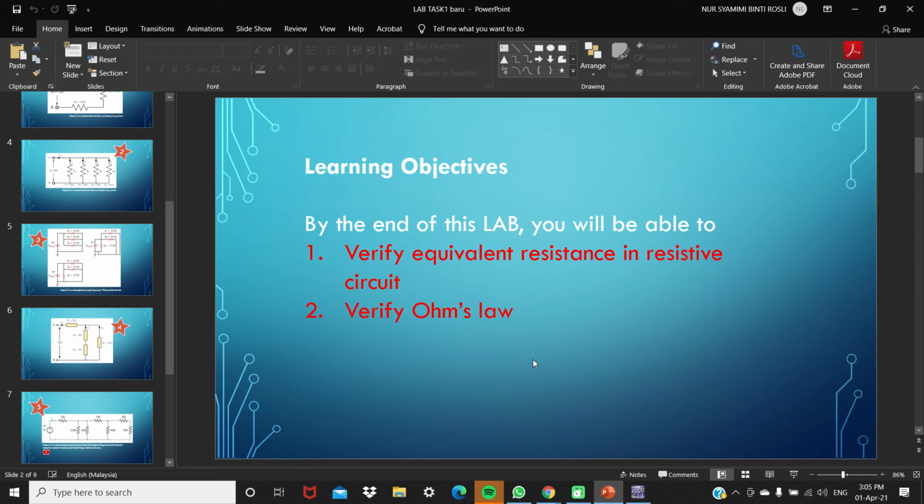First of all, like we mentioned yesterday, series circuits need to be added up and parallel circuits need to be calculated using that formula, 1 over RT is equivalent to 1 over R1 plus 1 over R2 and so on. And once you find the equivalent resistance, only then can we compare the calculation with the resistance measured by the meter.